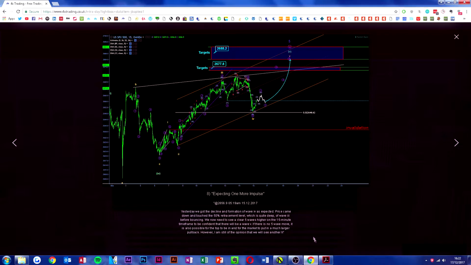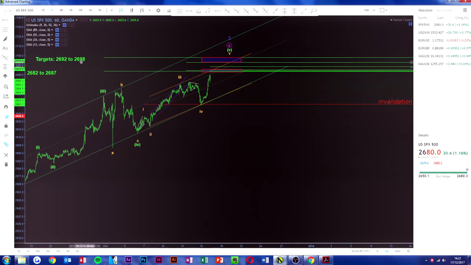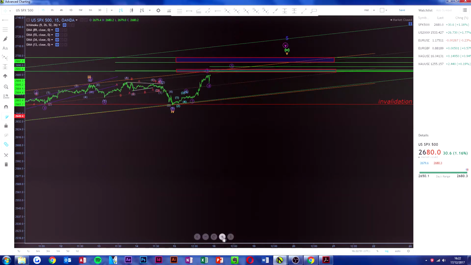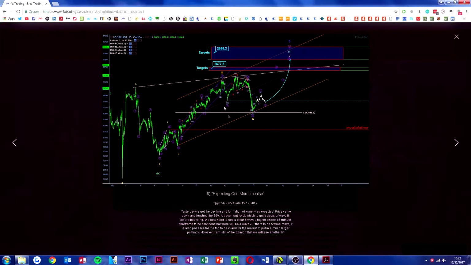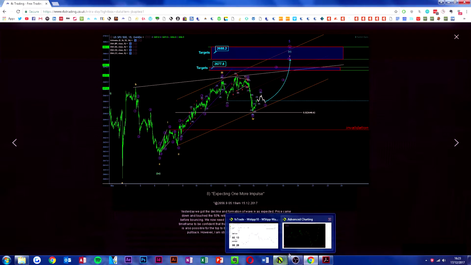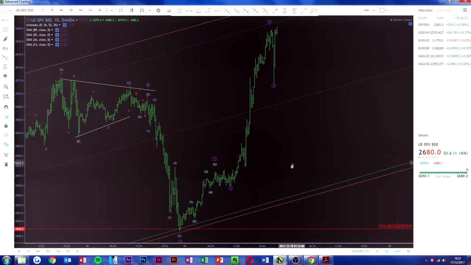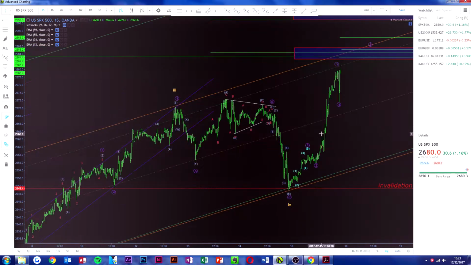So if I just go down to the 15-minute chart here, I laid out this small 5 wave move here, which actually then set up this accelerated impulse upwards, and it was pretty much perfect.